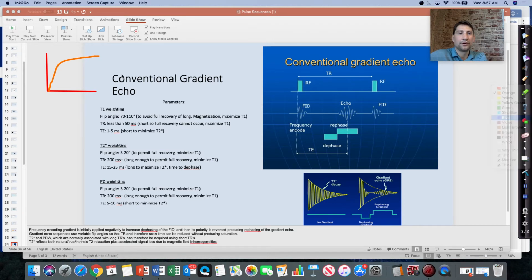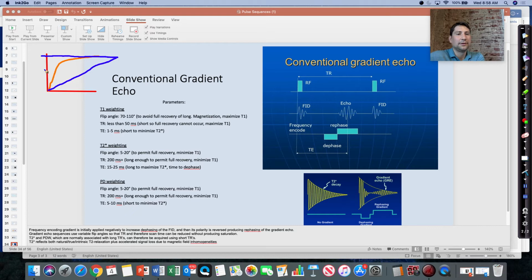We have water or CSF recovering a lot slower. To maximize T1 weighting, we need to avoid full recovery of these tissues, because if they fully recover all the way up here, there's not going to be any difference between those two tissues.